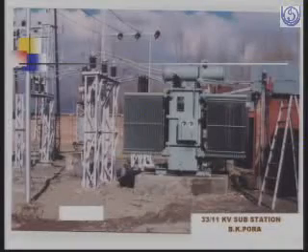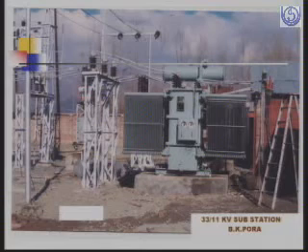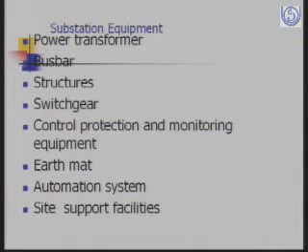Now we'll introduce you, we have told you about the types of distribution systems, but the equipment used mainly in the distribution systems. As told earlier, the distribution systems start from the sub-transmission level, which is the 33 or 66 by 11 kV substation, and the main equipment used in a substation are the power transformer, the bus bar, the structures for the equipment, the switchgear, the control, protection and monitoring equipment, the earth mat, the automation system, and the site support facilities.